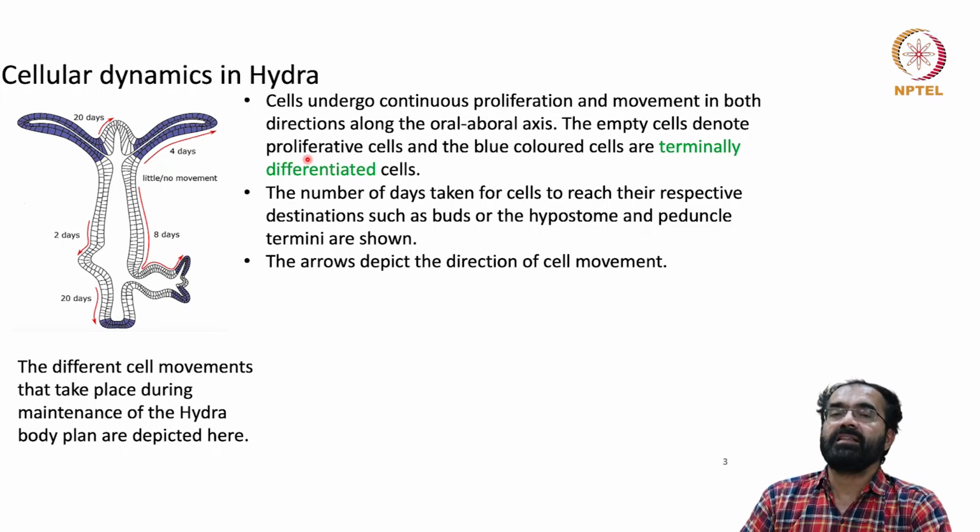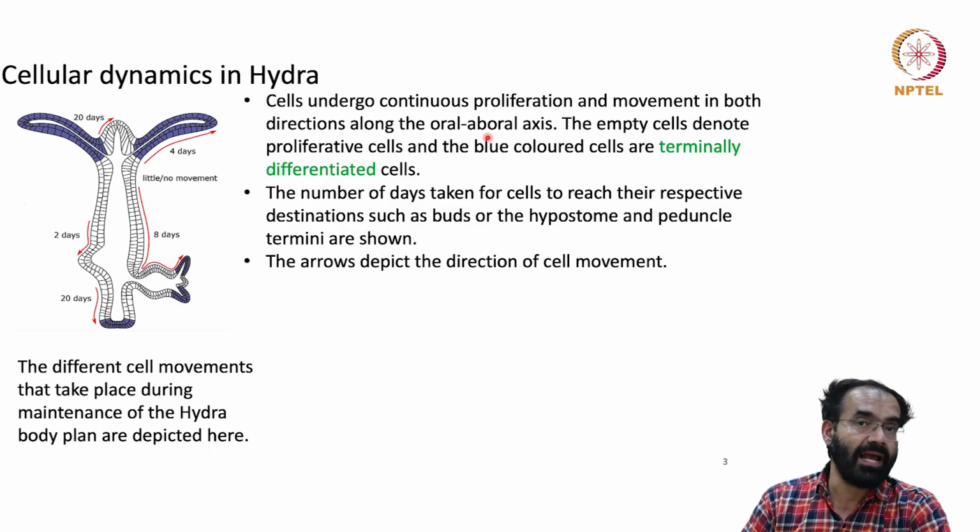No matter whether there is an injury or not, the cells in the Hydra body keep moving and keep producing. In other words, the Hydra body is constantly regenerating, whether or not there is a necessity for it. Cells undergo continuous proliferation and movement in both directions along the oral-aboral axis.